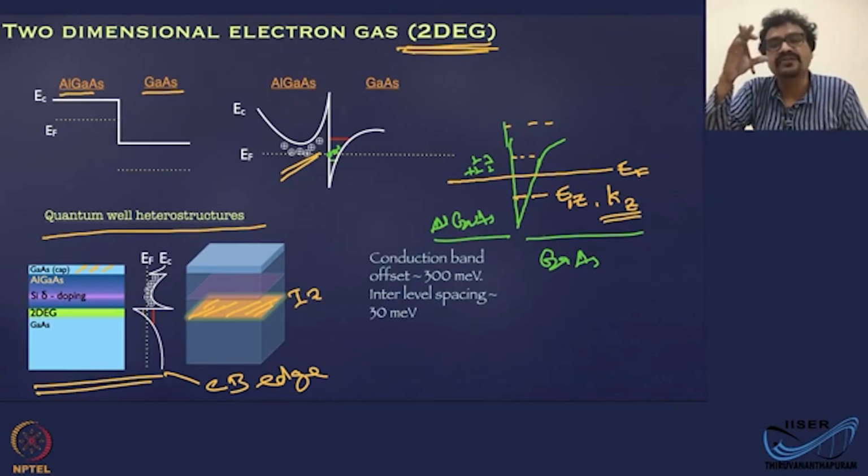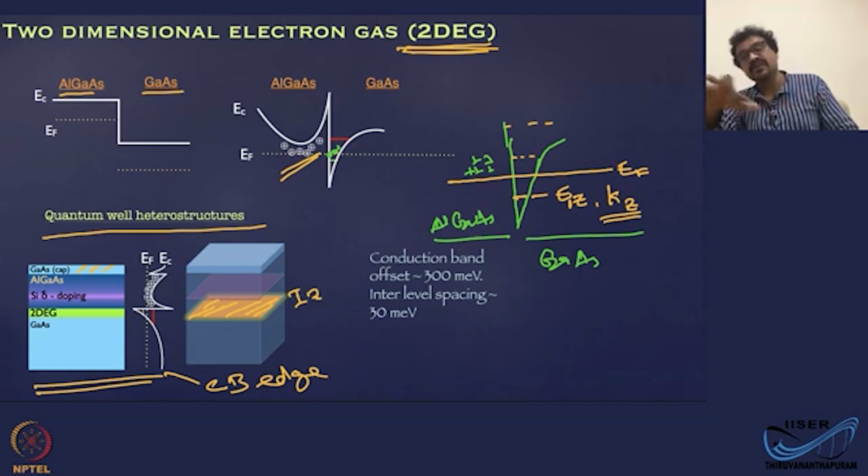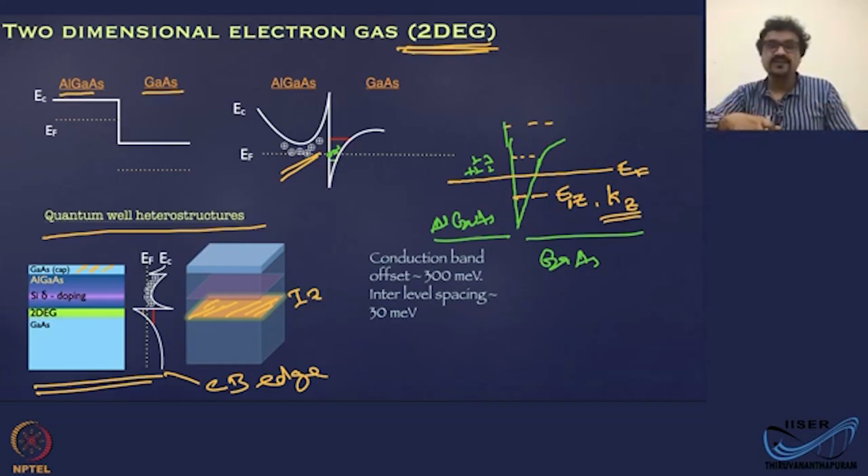So you can have this quantum well formed even at really high temperatures. So this is the simplistic picture of how the two-dimensional electron gas is formed. The dimensionality comes from the confinement in a direction. Two-dimensional means the electrons are free to move only in the xy plane. They are confined in one direction and free to move in the other two directions. That is the two-dimensional system.